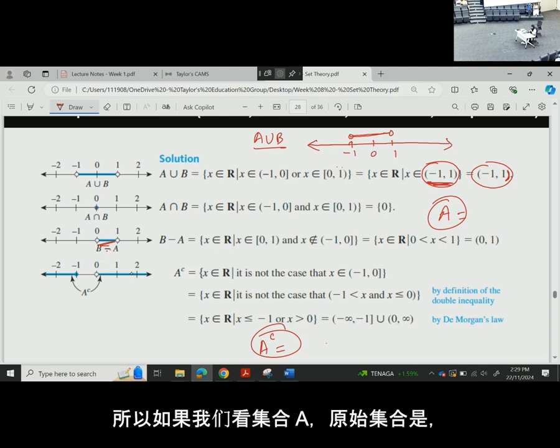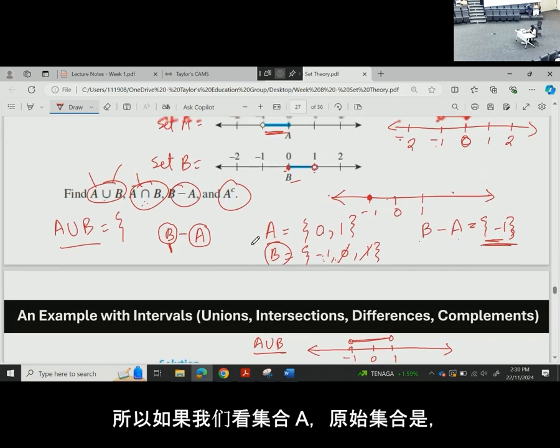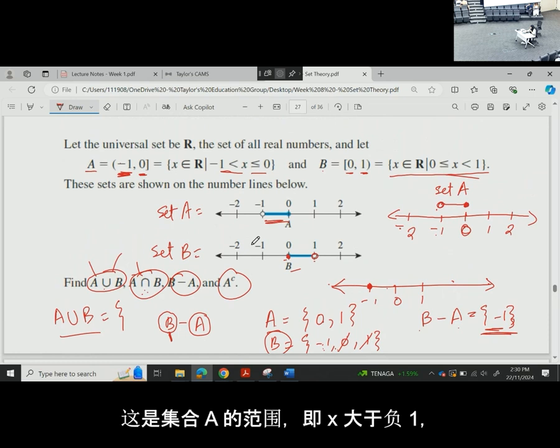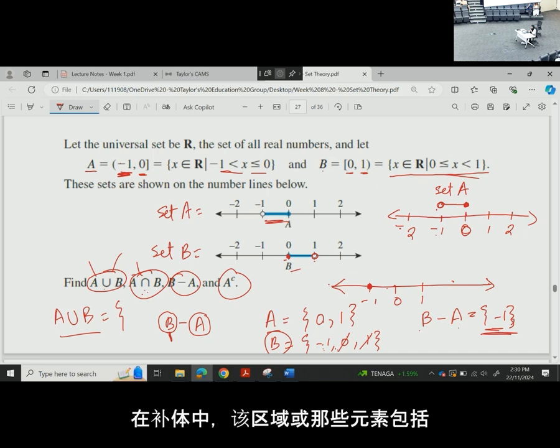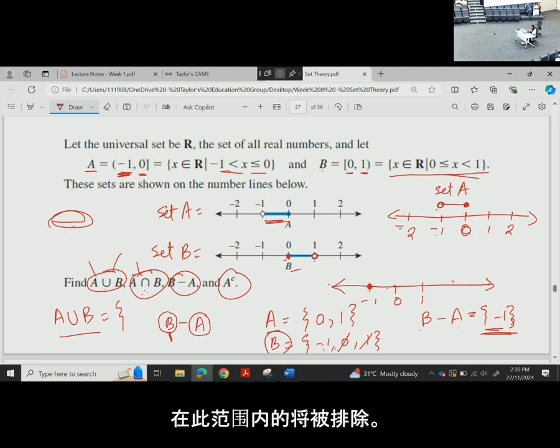number line. Okay. So if we look at set A, the original set was this, the range of set A, that x is greater than -1 and it is less than or equal to 0. In the complement, those elements included in this range will be excluded. Everything else you will show.